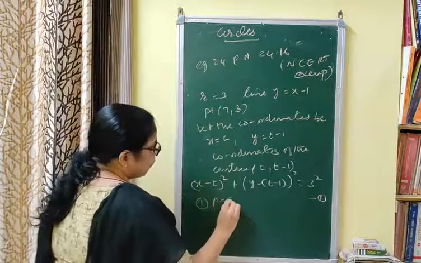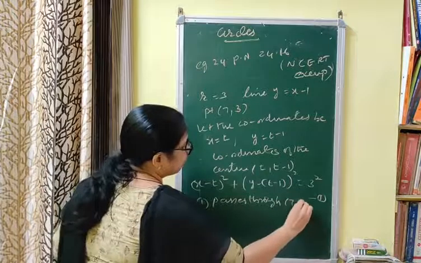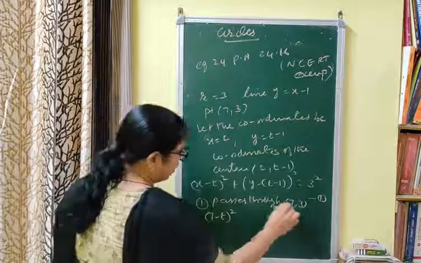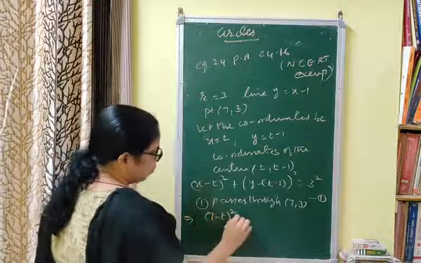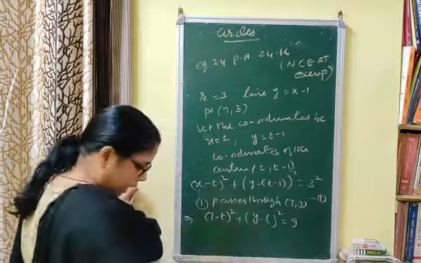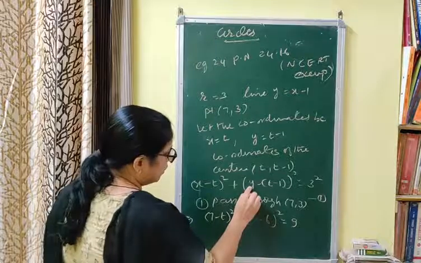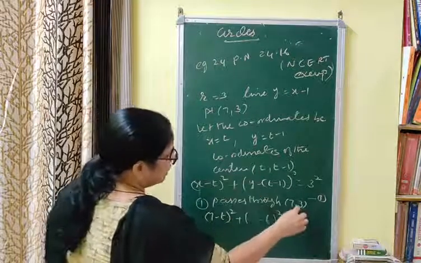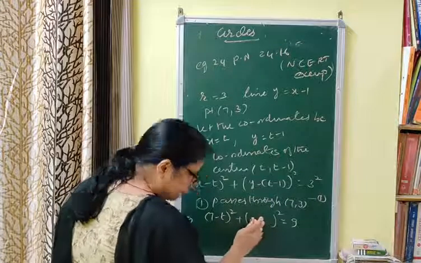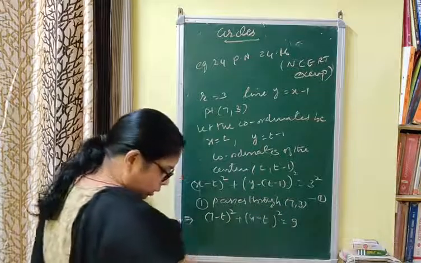This gives (7 minus t) whole square plus (3 minus (t minus 1)) whole square equal to 3 square. The point is (7, 3), so 3 minus t minus 1, that is 4 minus t, whole square equal to 3 square.